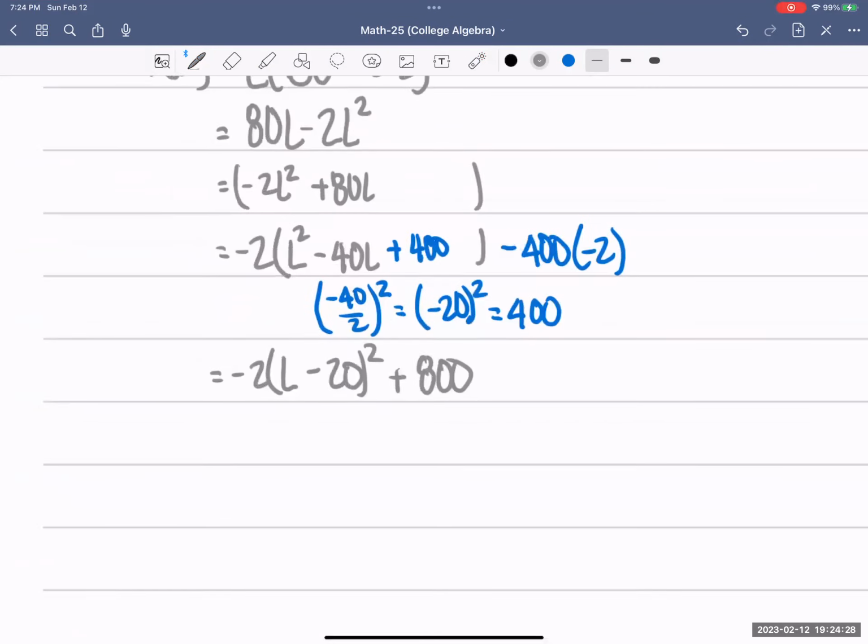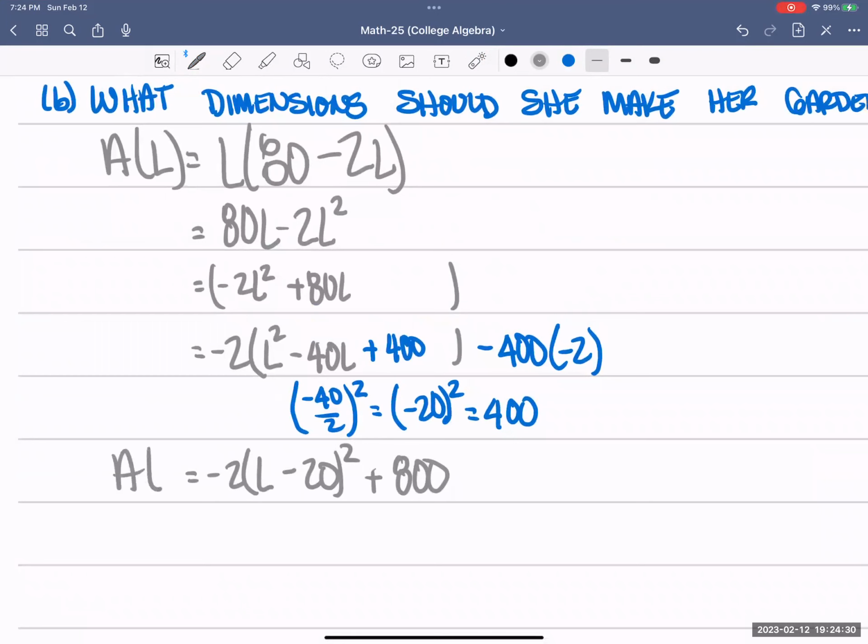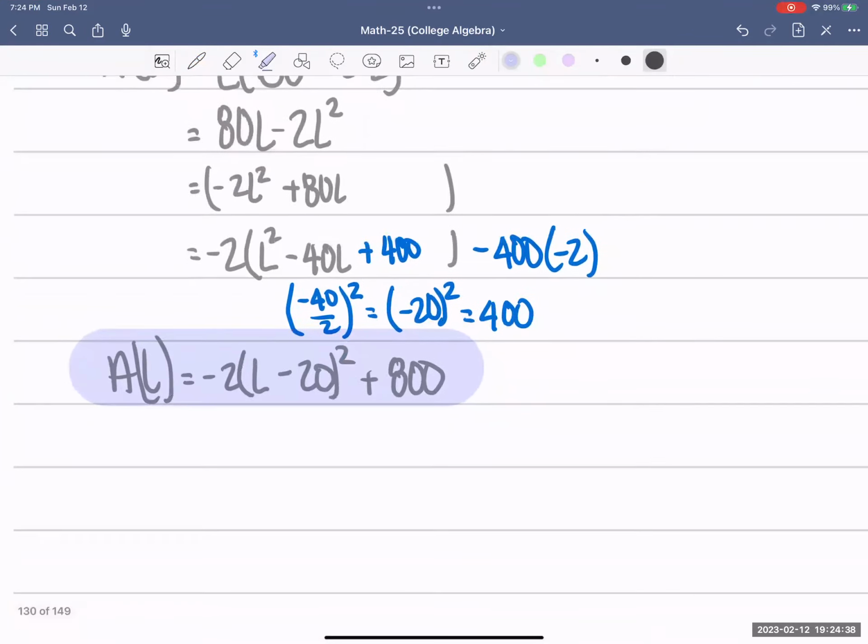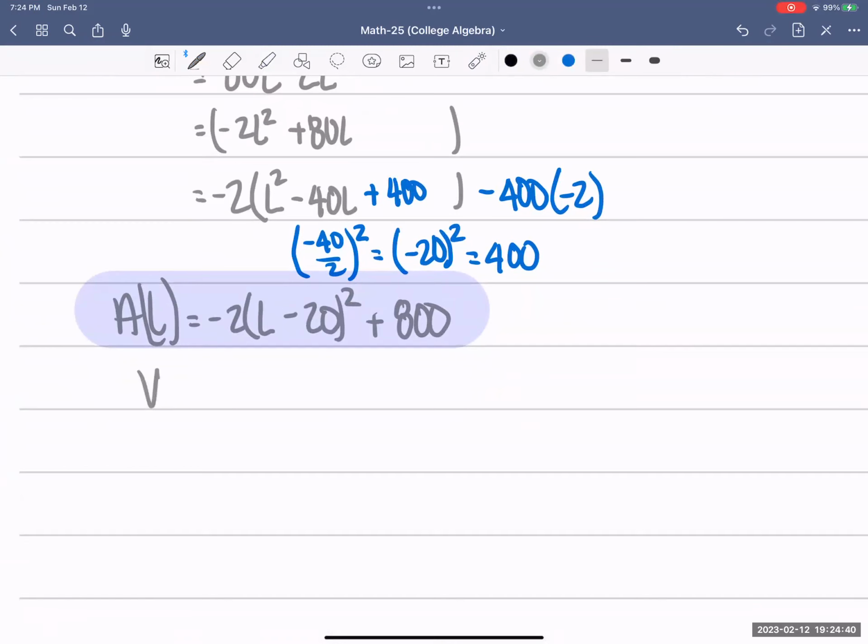Actually, we don't have to set it equal to 0. So this is area in terms of length. And if you look at this, we have a vertex at 20, 800.